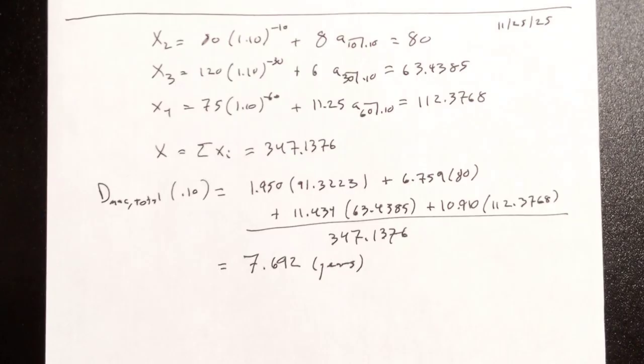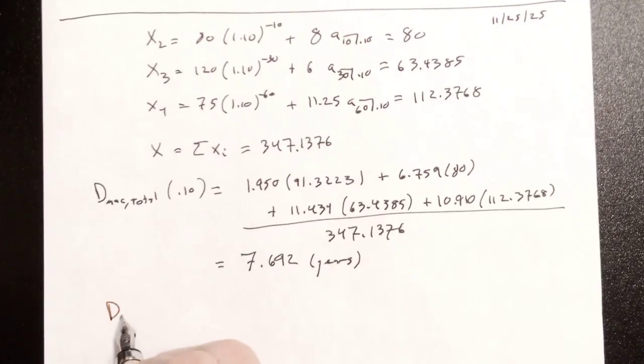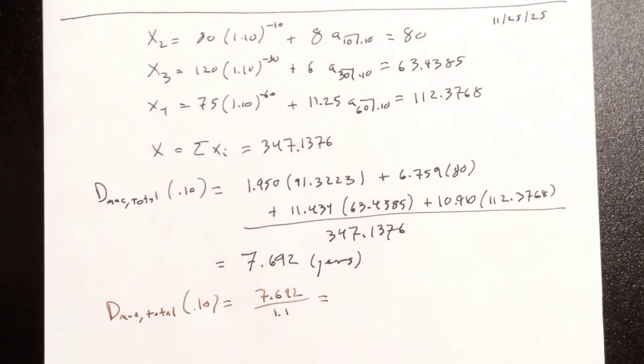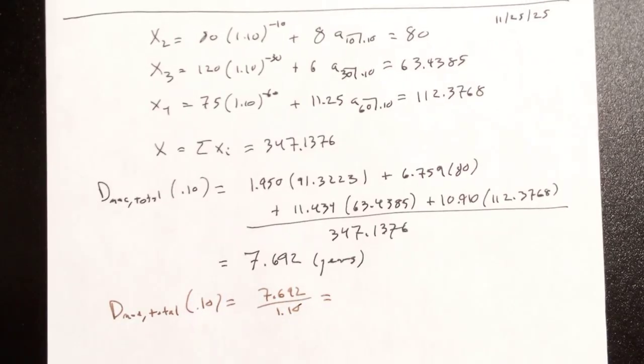Right. So the modified duration is a little bit shorter. I always just divide by that fraction.